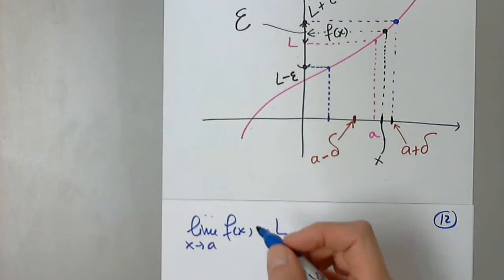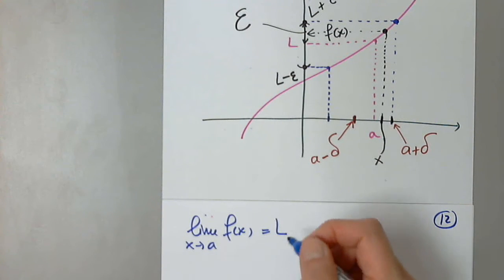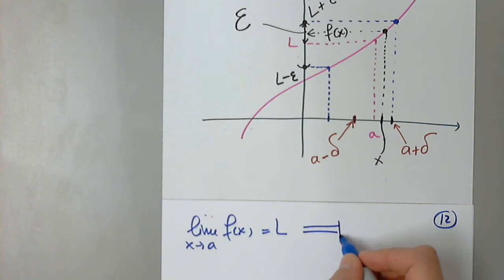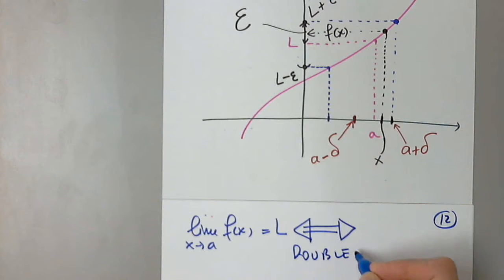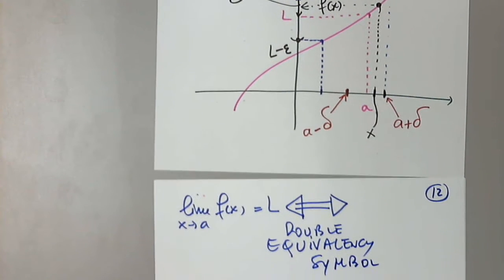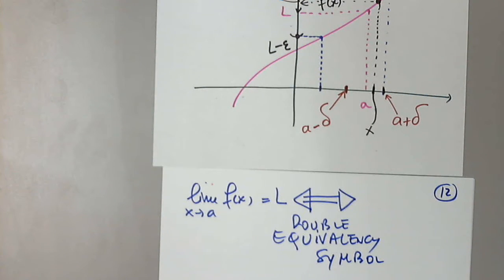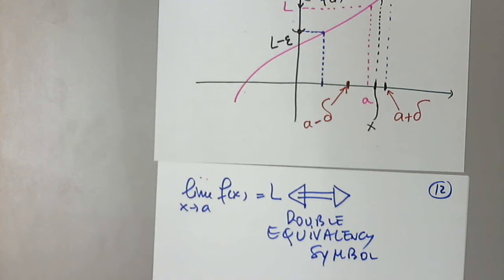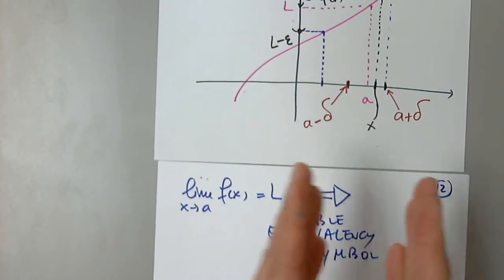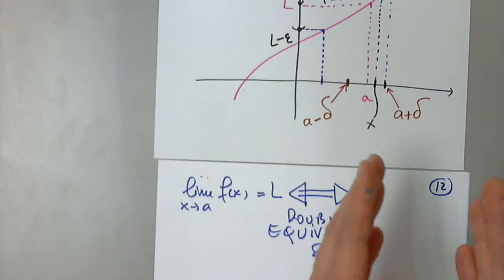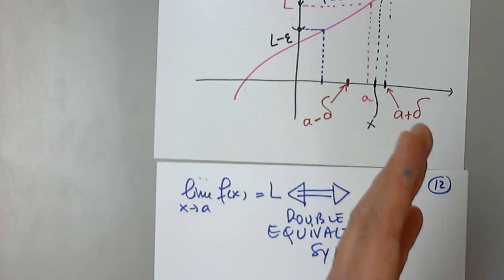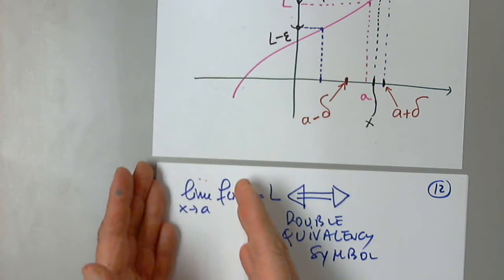So the limit of f of x as x approaches a is L. I have to write the double equivalency symbol, which means I have two steps of the proof. From here I get this, and from here I get that. Both ways. I can start here and I get the other side. I can start on the other side and I get this. They go both ways.